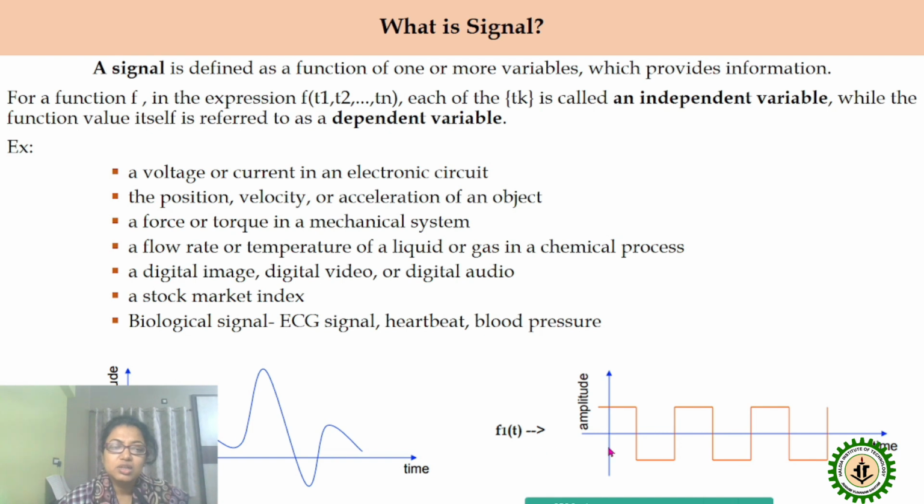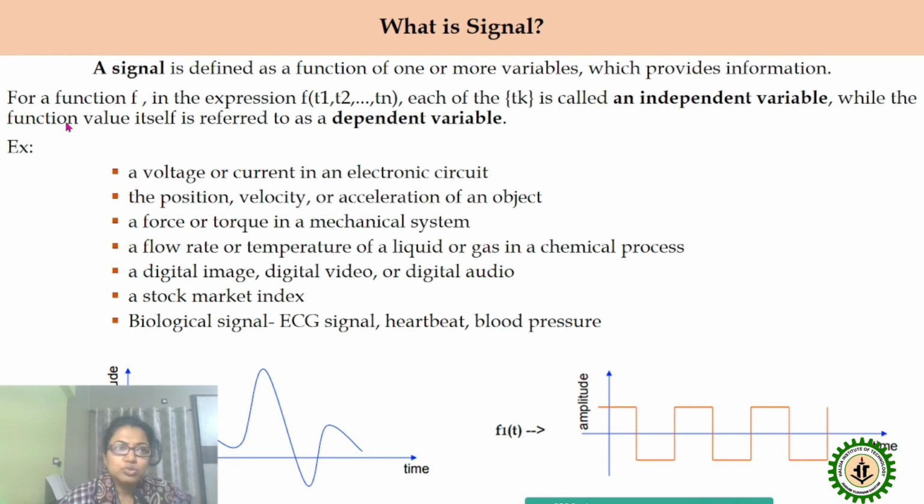This is the time scale, this is the amplitude scale, where for some period the amplitude is fixed, there is a sudden change and the amplitude is very low, again there is a sudden change, again the amplitude is very low. We all know this is a square wave. The first one is an arbitrary signal; there is no such expression available for it. The square wave we can represent with some expression.